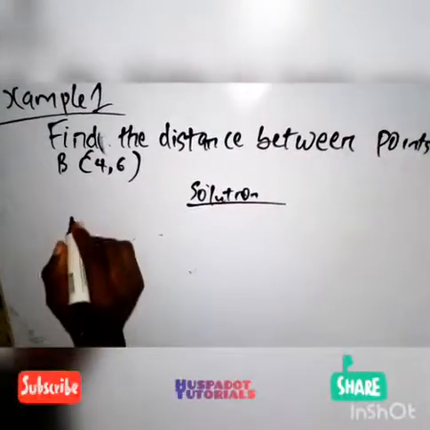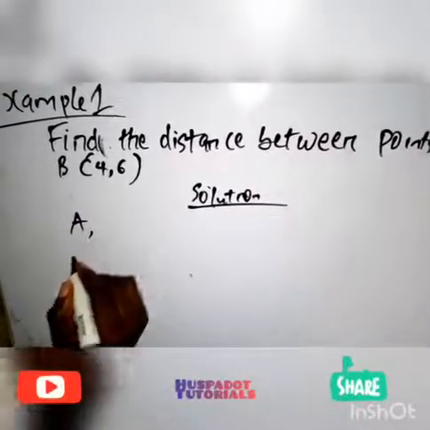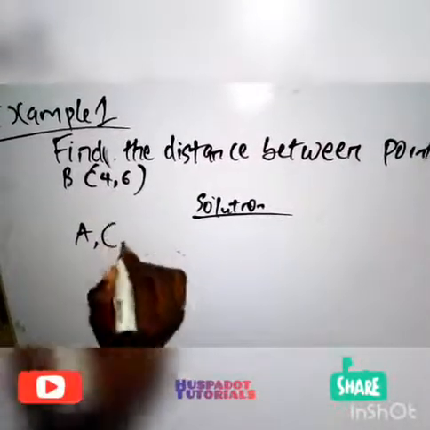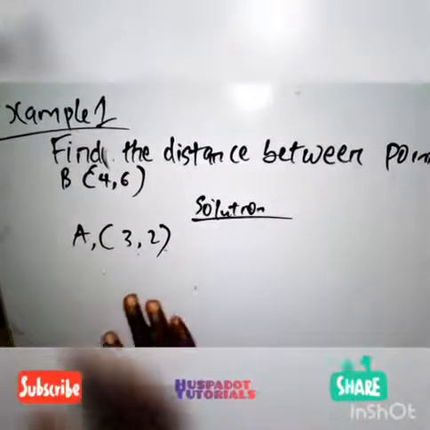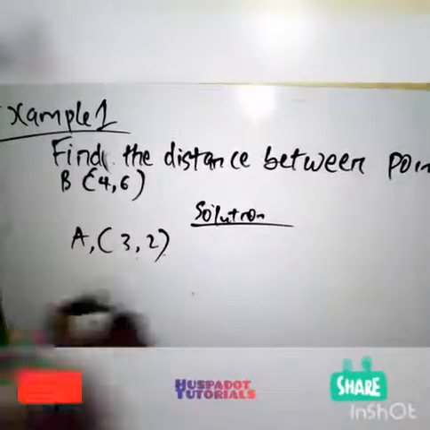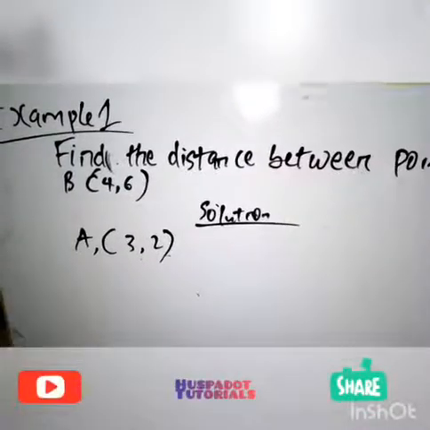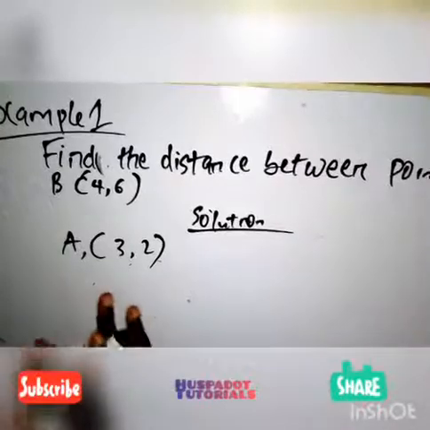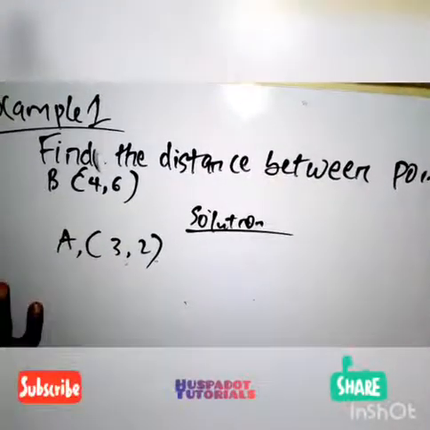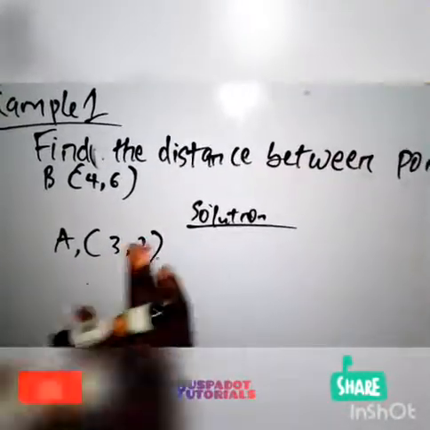in point A, you have the coordinates to be 3 and 2, and I've already told you guys that when given the coordinate of a point on a plane, it is actually the distance from the x-axis that comes first, then later the distance from the y-axis.